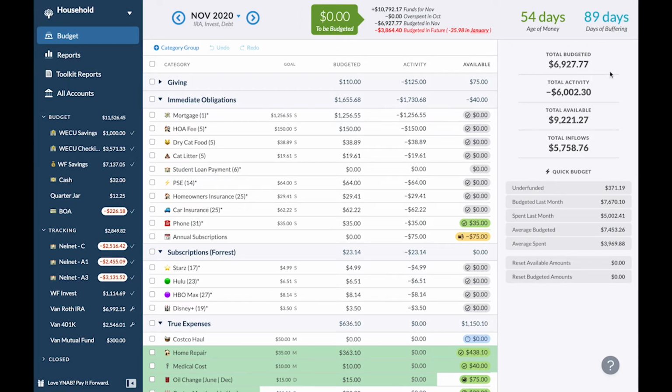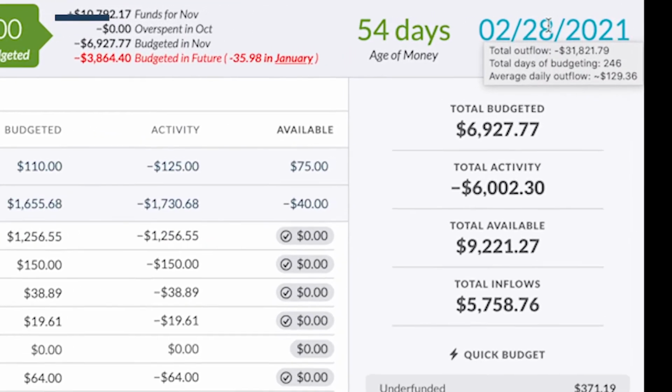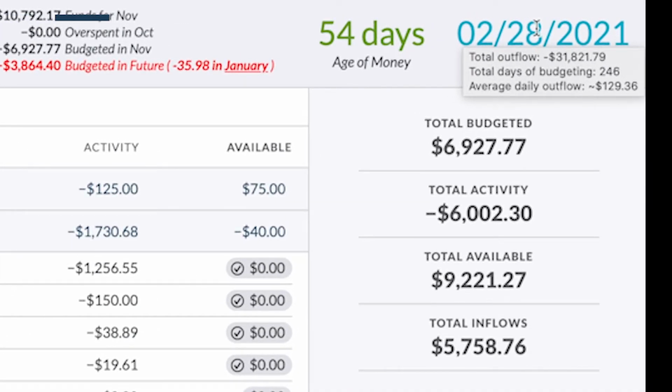I just use the word buffering, but days of buffering is totally different. It comes from Toolkit for YNAB, and instead of looking back at what you have spent, it looks forward at your average spending. If I hover over this, I really like this drop down it shows. It shows how much money it's calculated for all the money that has been going outflow, the total days of budgeting, and then the average of that.